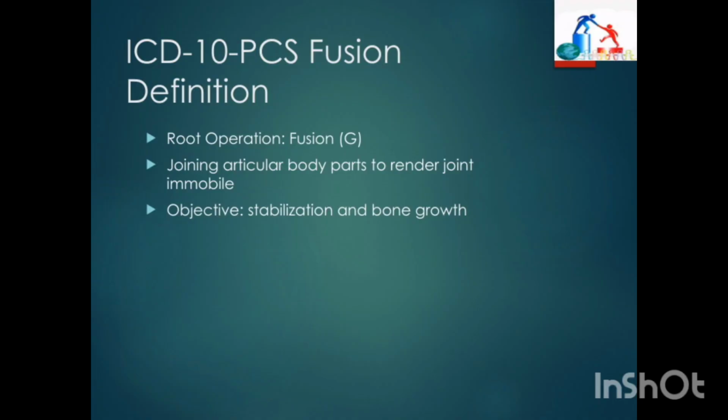This is often done to stabilize the joint or to promote bone growth in certain medical conditions. When we talk about ICD-10 PCS, fusion is defined as a procedure that joins these parts to achieve stability and encourage new bone formation. So, in the context of our broader discussion, understanding this operation helps us see how surgical techniques are aimed at controlling movement for better patient outcomes.